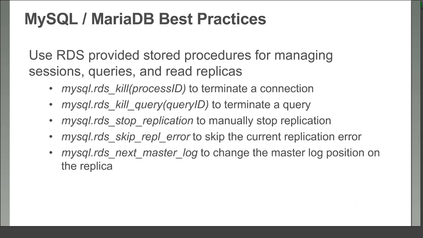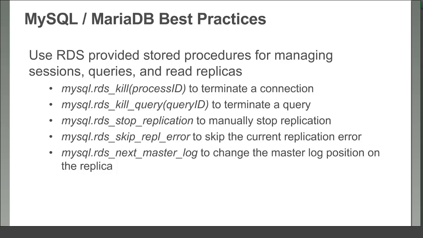With RDS, since it's a managed service, the operating system is controlled by Amazon, and we also administer the database engine itself. And so to that point, we don't allow sys user privileges. Instead, we allow for certain operations the ability to leverage these stored procedures.